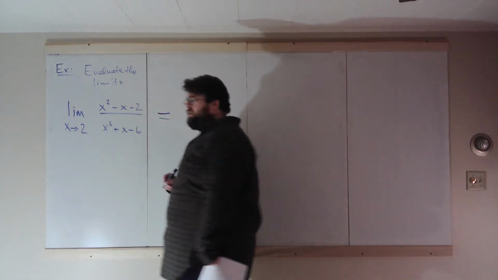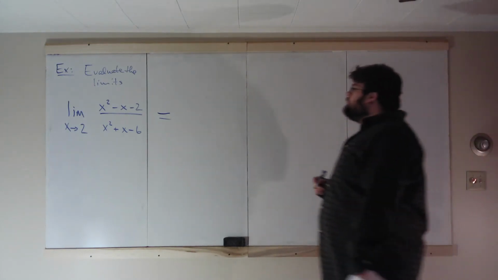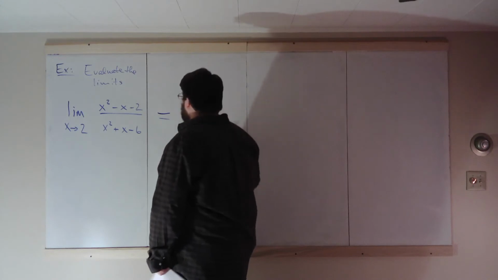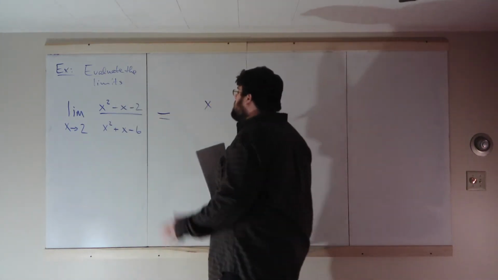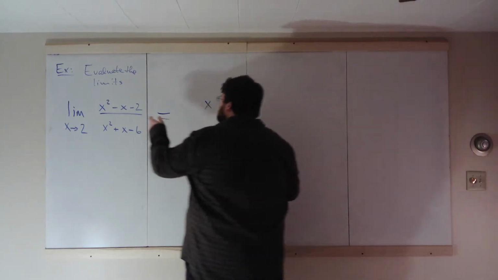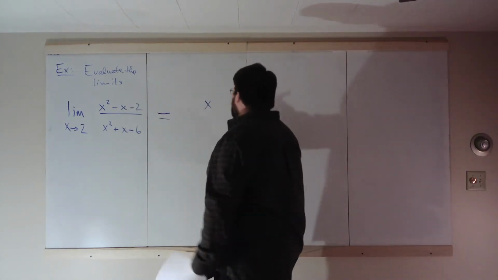We have 2 degree 2 polynomials. Maybe we can factor them. Let's try factoring them. What do we need? Numbers which make 2 and 1, or negative 2 and negative 1. So what? Negative 2 and positive 1. Negative 2 and positive 1 make negative 2. Negative 2 and positive 1 make negative 1.